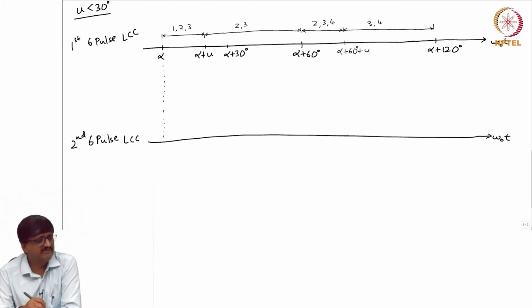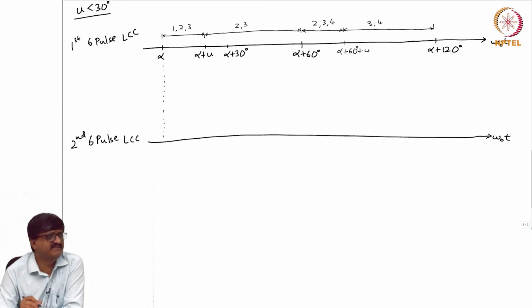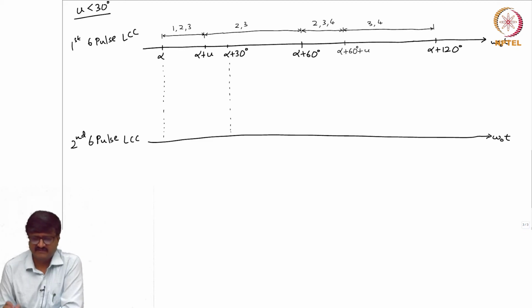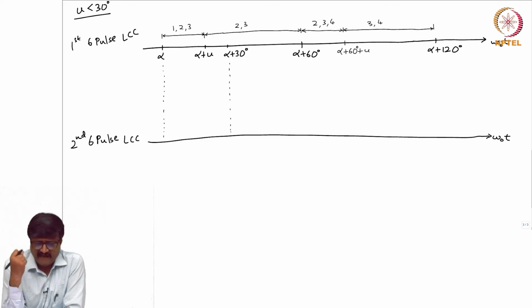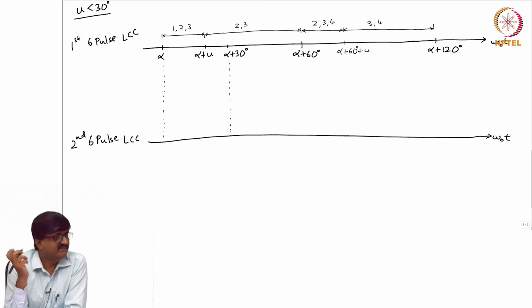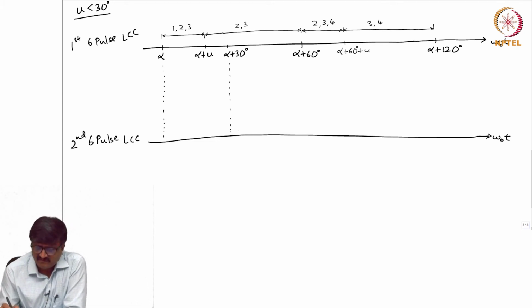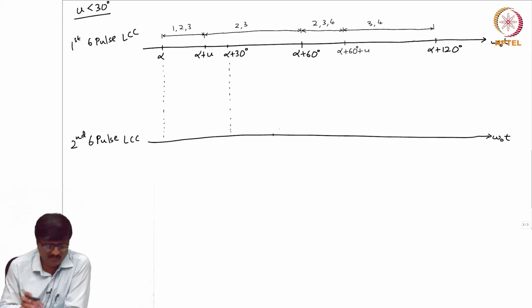Now, I will also number the second 6 pulse LCC thyristor valves as 1, 2, 3. There should be no cause of confusion because I am showing them separately. Now, when is the valve 3 of the second 6 pulse LCC turned on? Alpha plus 30. Then, if I take u, again u will be same for both 6 pulse LCCs.